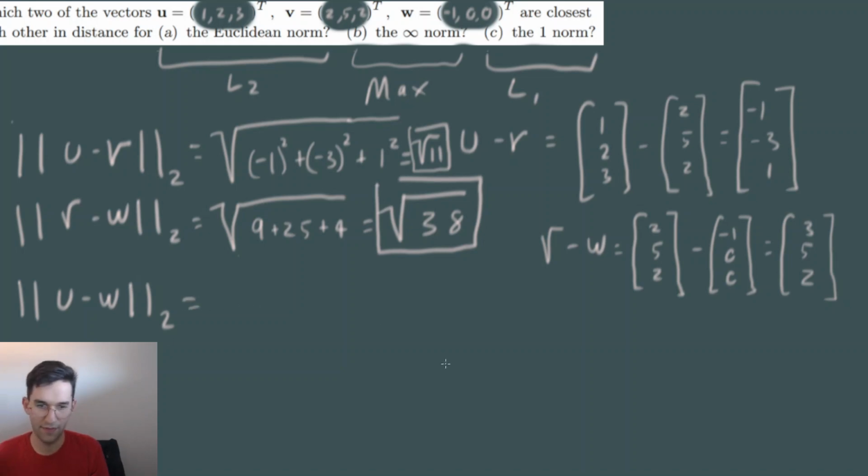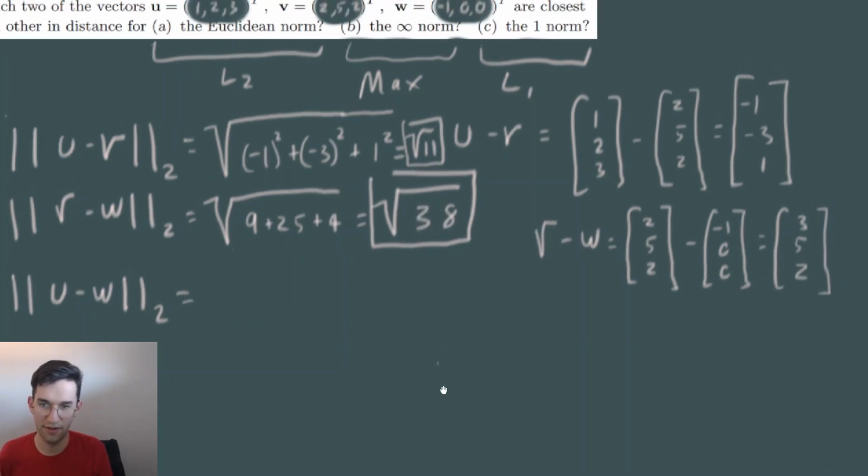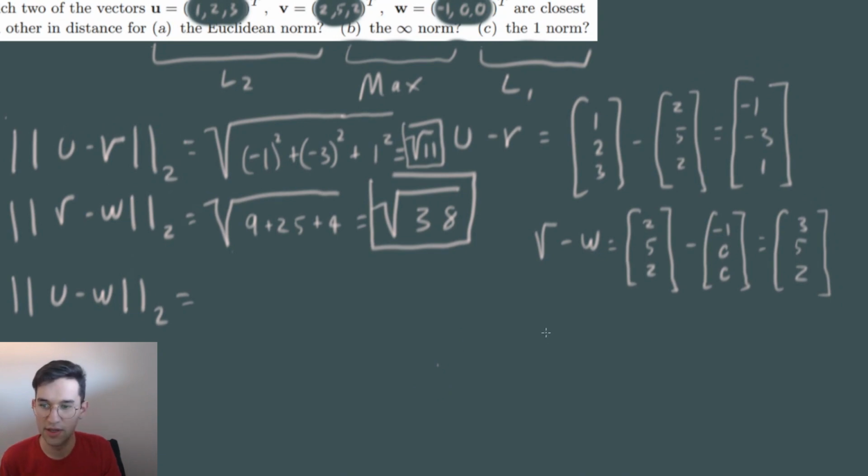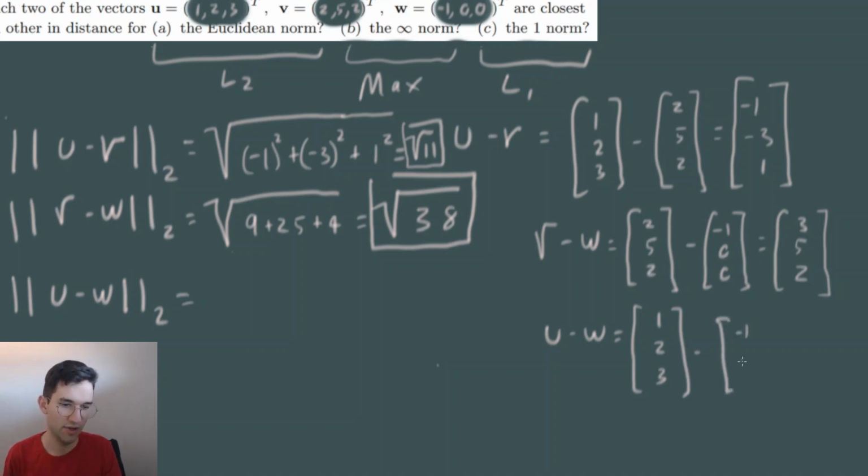Alright. Our final norm, u minus w, equals, for u we have 1, 2, 3. For w we have negative 1, 0, 0.